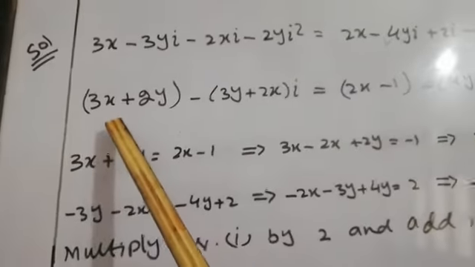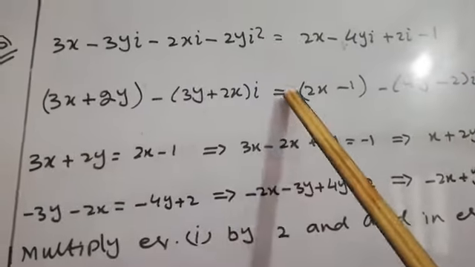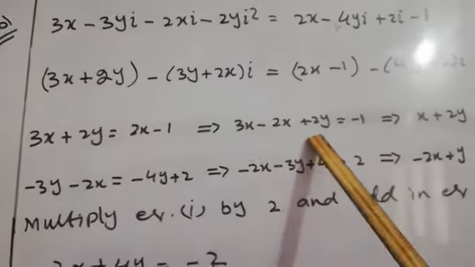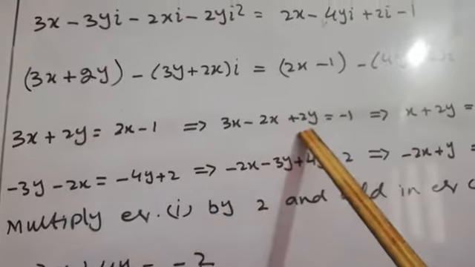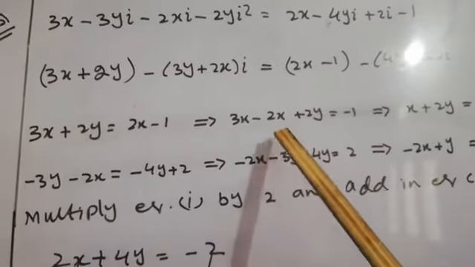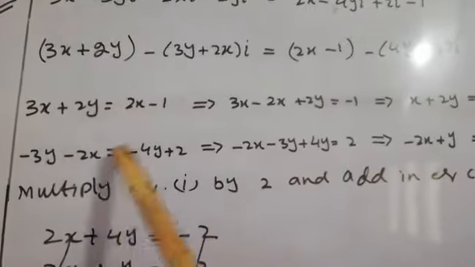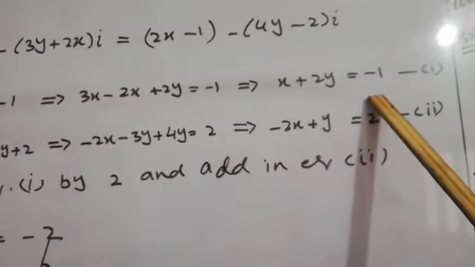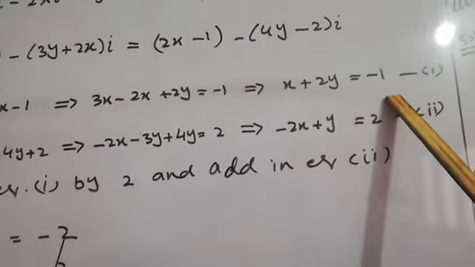From this we have the real part 3x plus 2y, and from this side 2x minus 1. So we will take the values and write them in the proper form. 2x will be subtracted from 3x and we will get x plus 2y equals minus 1. This is our equation number 1.